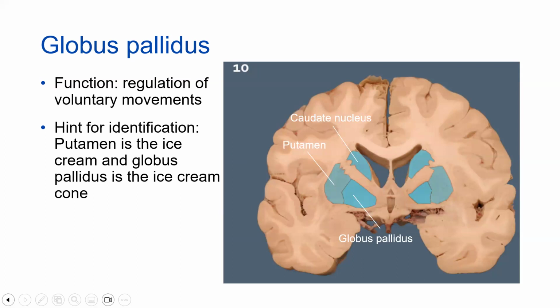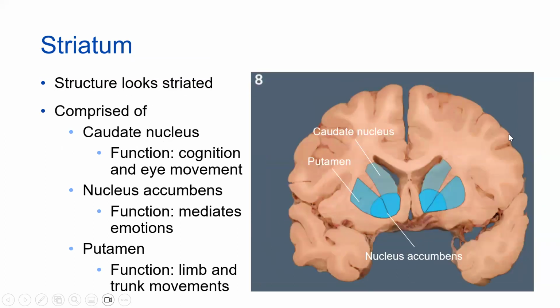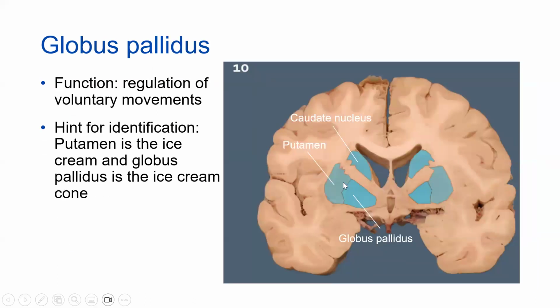One other thing to point out is this is a more rostral brain slice. If we were to keep making cuts, we would get to the globus pallidus and no longer be able to appreciate the nucleus accumbens. Also, I kind of skipped over this.